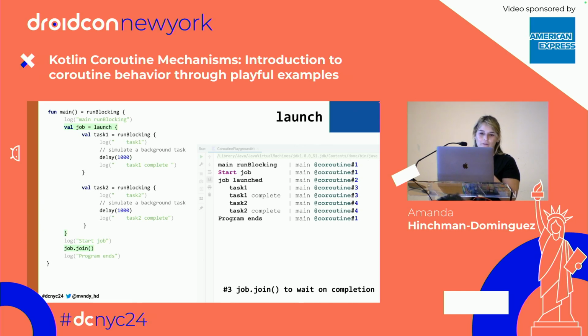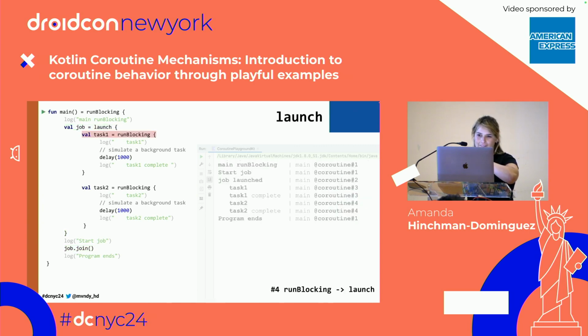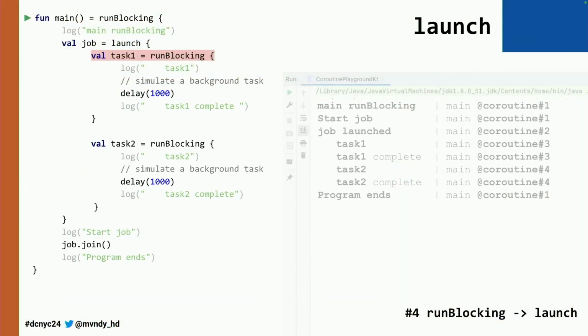We're taking all the space, all the room. We finish task 1. We start task 2. We finish task 2. There is an implied delay in there, so if you ran this in real time, it'll eat up some time. Then your program will finally end after the job has completed. So then you go back to coroutine 1. Okay. All right. So we have wrapped both of those tasks in the launch.